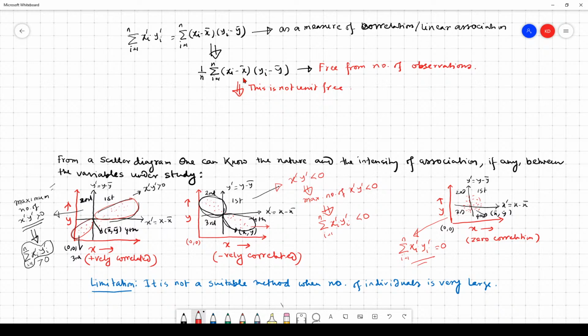So you need to free this measure from unit. So that's why we divide this measure by their SDs, that is SX times SY.